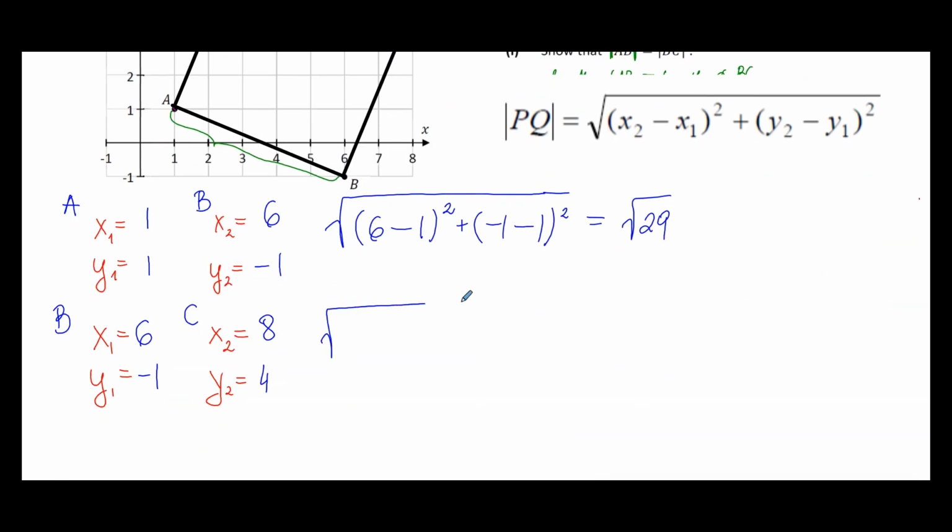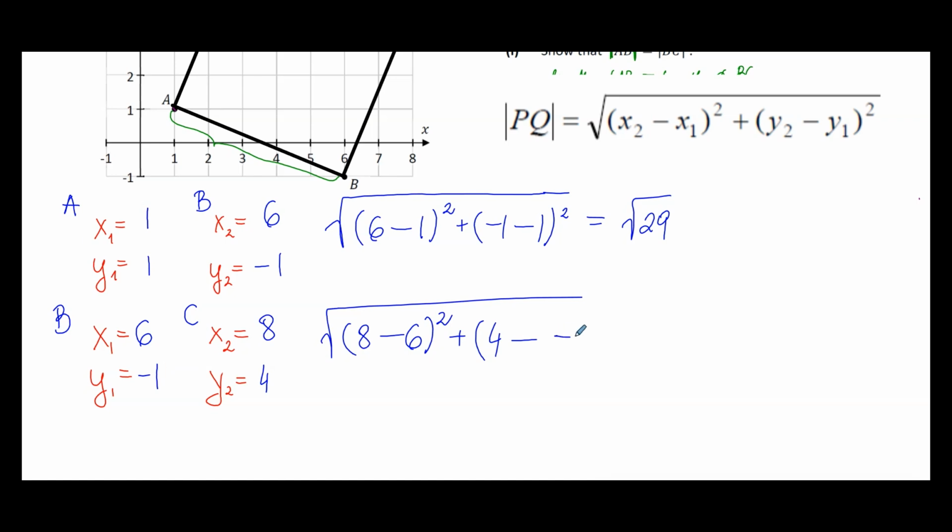So again, a square root, bracket, x2 first, and our x2 is 8. Then we have minus x1, x1 is 6, close bracket, power of 2, plus open another bracket, y2, my y2 is 4, minus, and then y1.